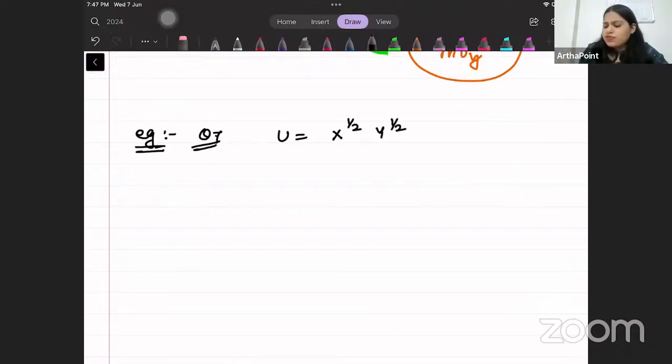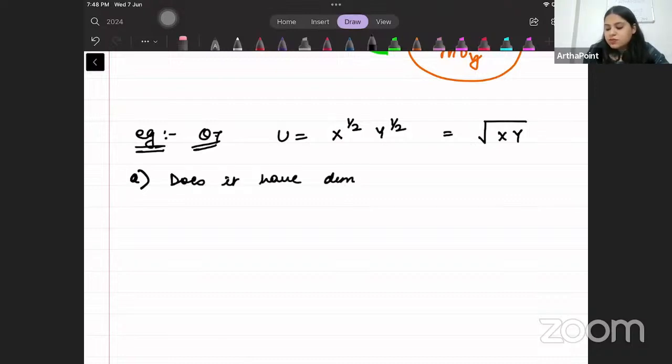You could have written this as root xy also, same thing. This is your utility function. There are two things that you have to check. Does it have diminishing marginal utility?